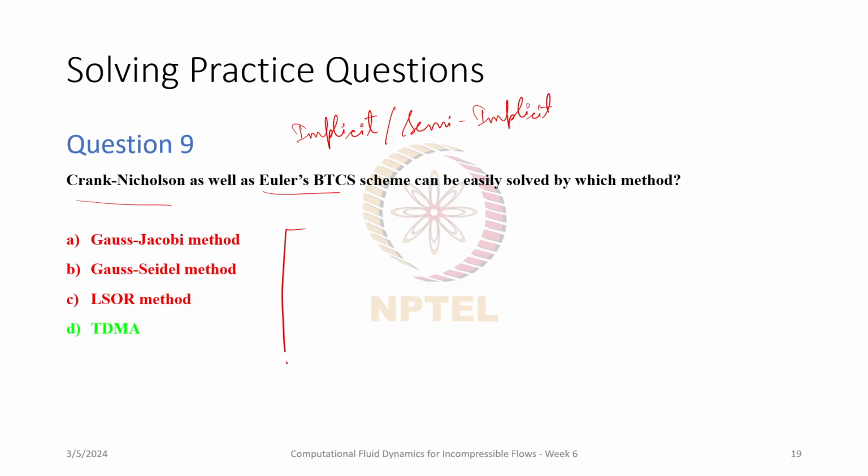So the equations can be cast in a way that, beta 1, beta 2, beta 3, dot dot dot, beta n. Similarly, alpha 2, alpha 3, 0, alpha 4, and so on. These are all zeros here. Alpha n, and we have gamma 2, gamma 3, and so on up to gamma n minus 1.